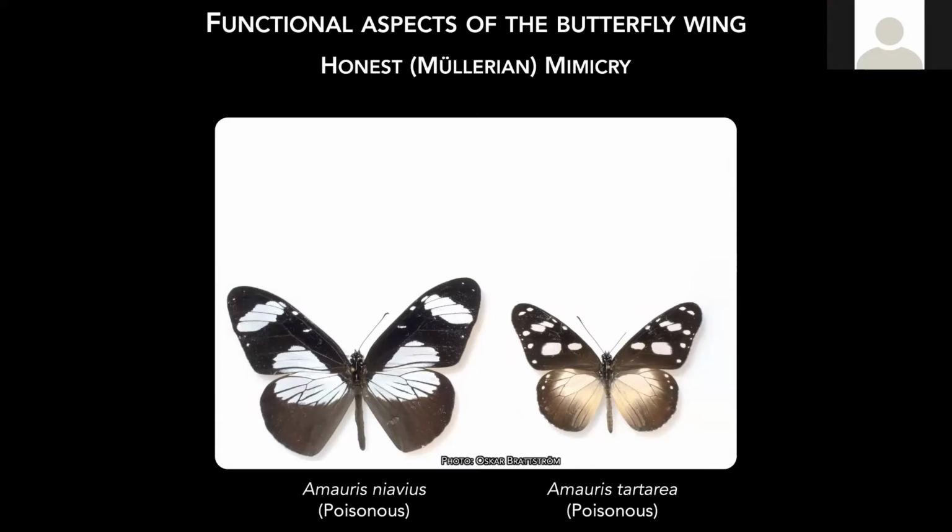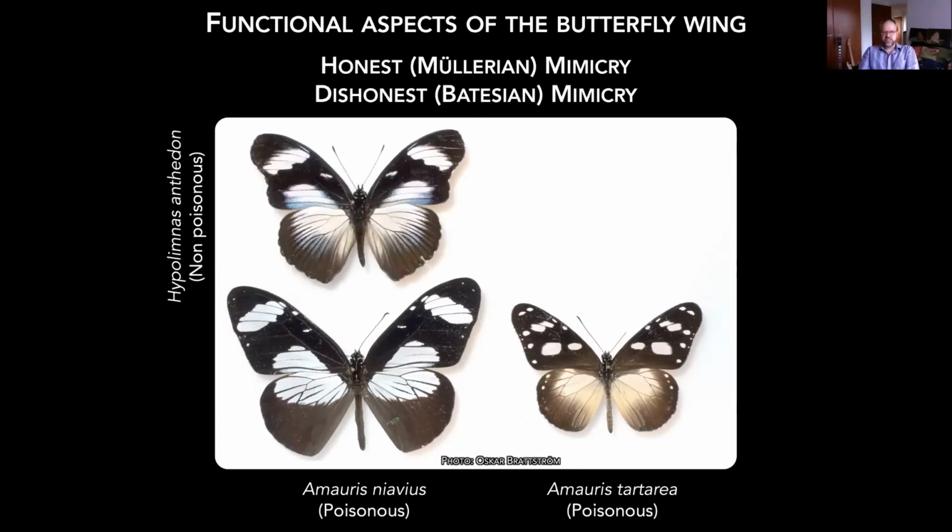But then you get another type of mimicry, which is called Batesian mimicry or dishonest mimicry. And in this case, what happens is that other butterfly species who are not poisonous, so would be perfectly good to eat, also mimic this pattern to get protection because the predators still think that it's best to avoid these.